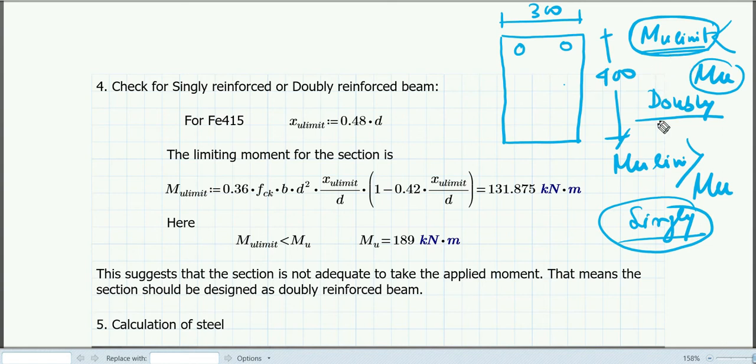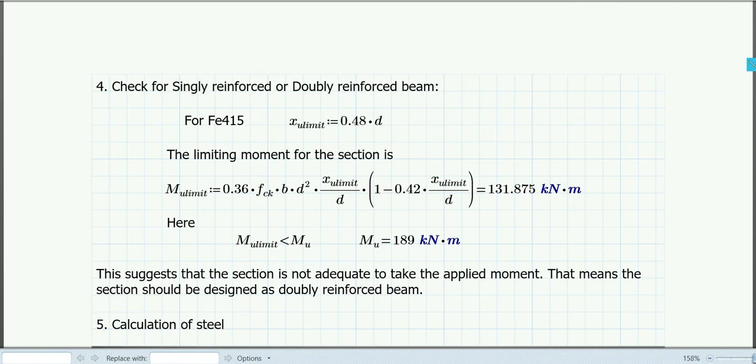For doubly reinforced, we design the bars at the compression face also, but in singly reinforced we do not design the bars at the compression face. So these are the two criteria. If Mu limit is less than Mu, that is the strength is less than the applied moment, then you have to provide the doubly reinforced section. And if the Mu limit value is more than Mu applied, then you can design it as a singly reinforced beam, okay. So how to find out Mu limit?